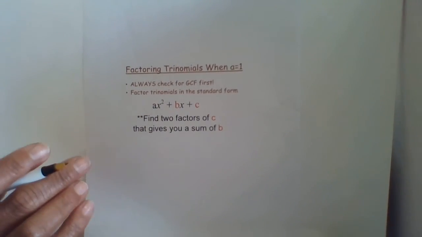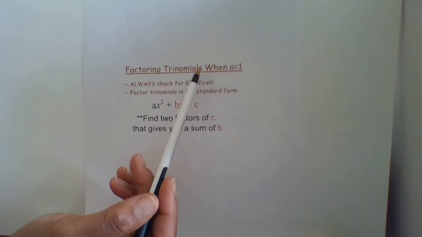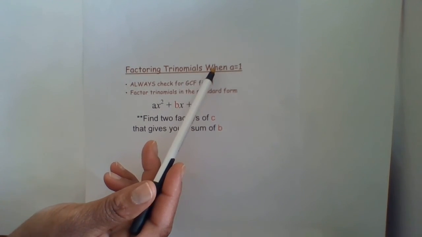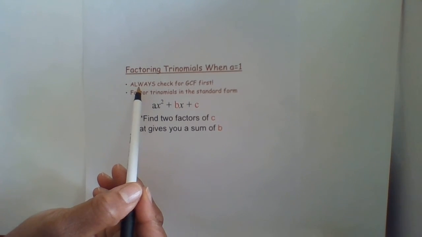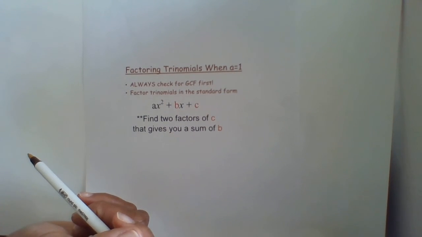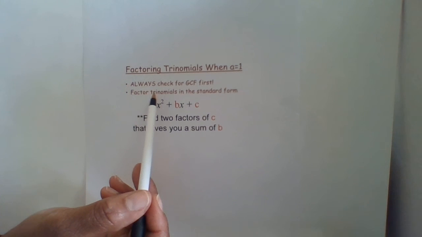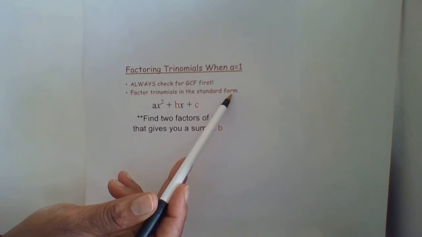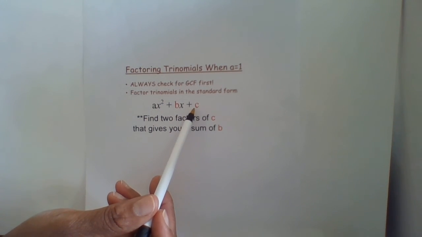Today in class we're going to factor trinomials, but this time they won't be trinomials where a is equal to 1. We still need to make sure that we always check for the greatest common factor first among all the terms. And then make sure that the trinomial you're trying to factor is in standard form, which is ax squared plus bx plus c.